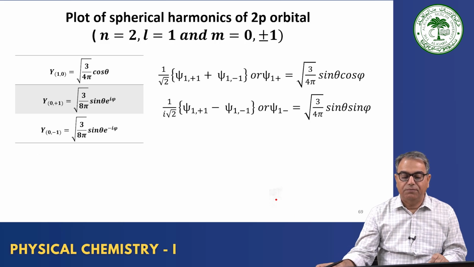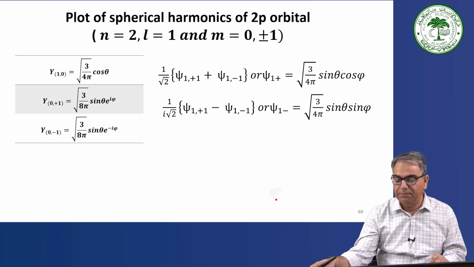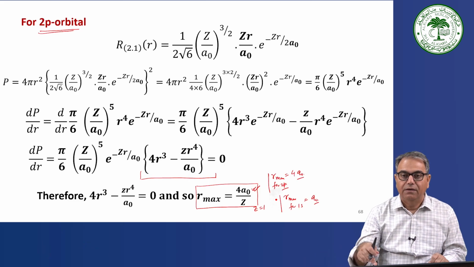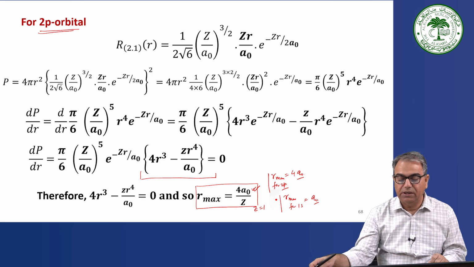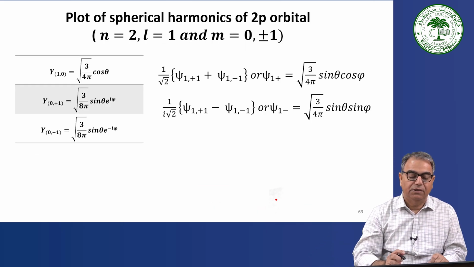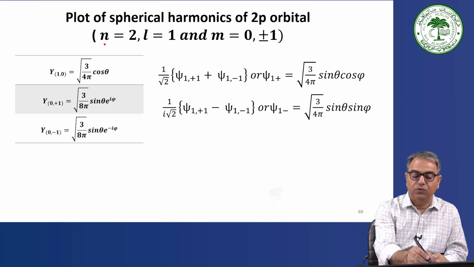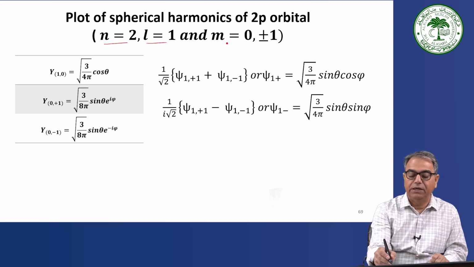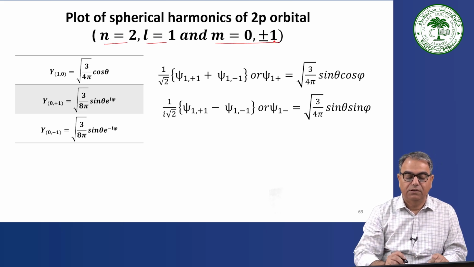Now, the plot of the spherical harmonics of the 2p orbital. This is the radial part of the 2p orbital. If you want to plot the spherical harmonics of the 2p orbital, for the 2p function n is equal to 2, l is equal to 1 and m is equal to 0, plus minus 1.